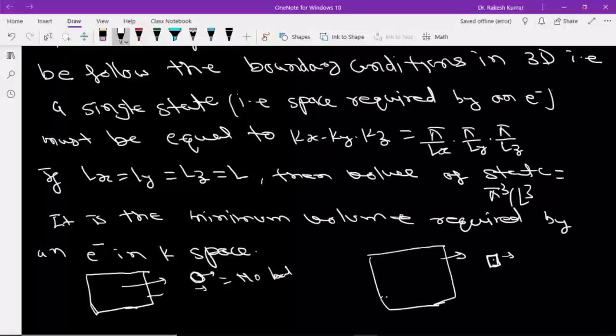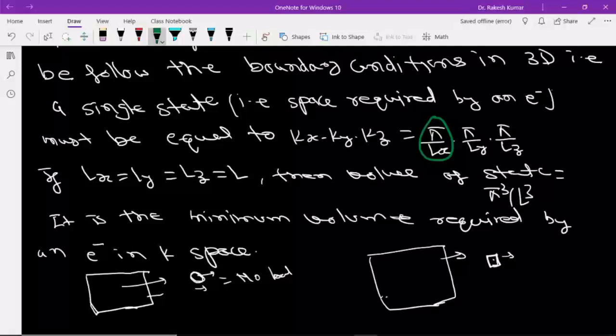So in K space, this is pi over Lx. This is the linear length in x direction that is required for an electron, and in 3 dimension, this is the minimum volume that is required by an electron.